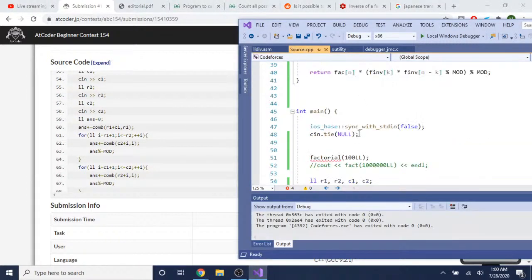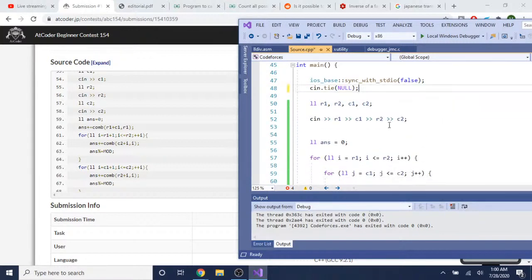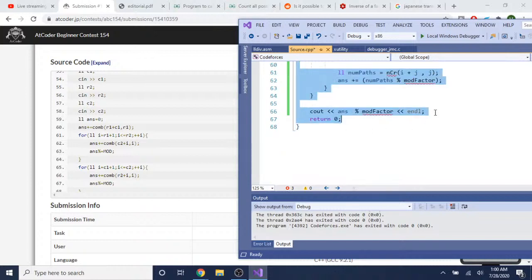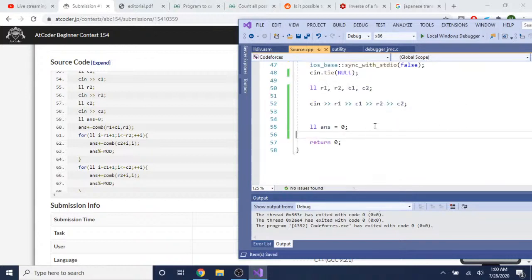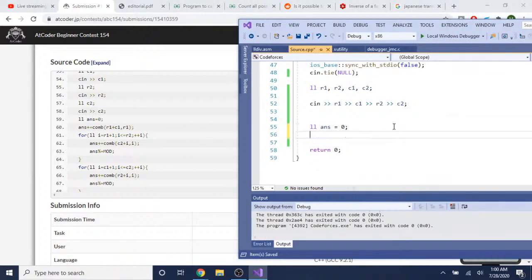Okay, so now that we did the voodoo magic of factorial inverses, let's actually calculate it. So let's do answer plus equals the combination of R1 plus C1, R1.